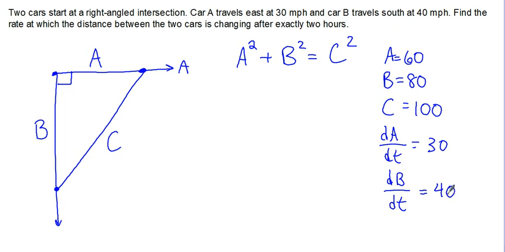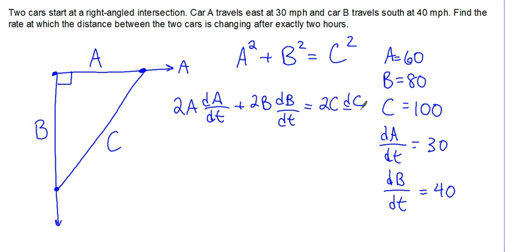So now all we need to do is take the derivative of our Pythagorean theorem equation with respect to time, with respect to t, giving us 2a dA/dt plus 2b dB/dt equals 2c dC/dt, and then plug in the 5 known values that we have, and we should be able to solve for dC/dt, which is the rate at which C, right here, is changing.